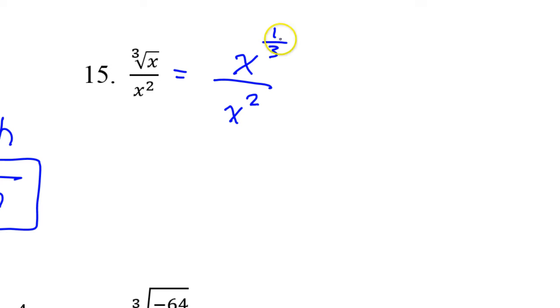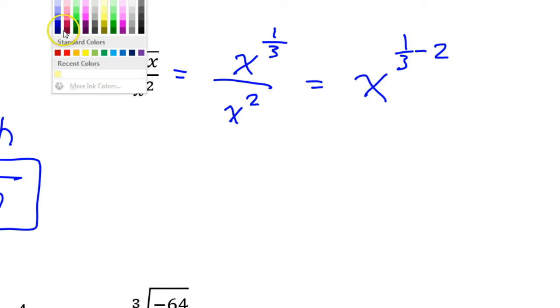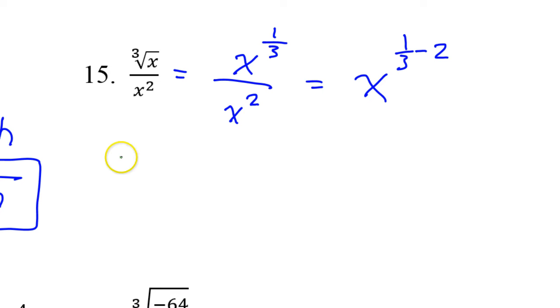Now, when you have a fraction, you subtract the exponents when you divide. So this would be the same thing as x to the 1/3 minus 2 power. All right, you subtract. Now, if you had a calculator, you could just put it in. But what if you don't have a calculator on the test? You should be able to do 1/3 minus 2 without a calculator.